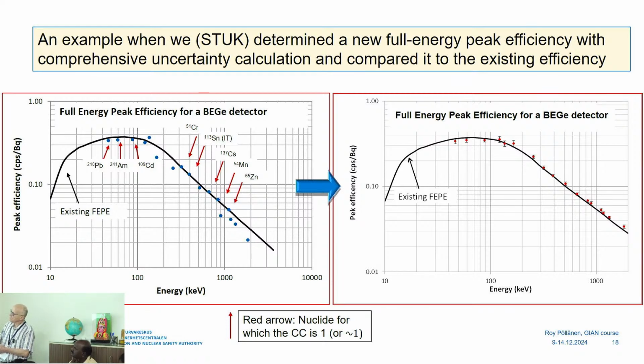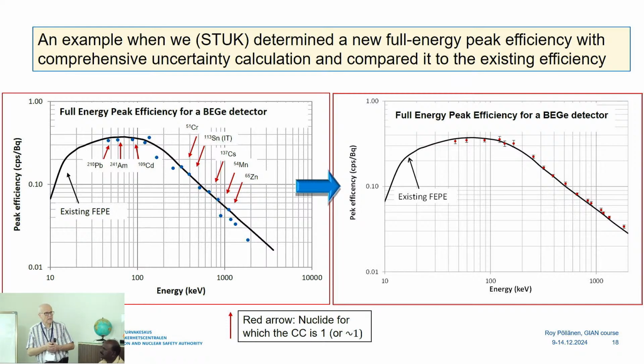However, when I did this efficiency calculation, these nuclides shown with a red arrow do not have notable coincidence corrections. For example, lead-210 and also cesium-137. They stay quite well on the curve. However, there are some nuclides, like cobalt-60, these two peaks here, that do not fit the curve.